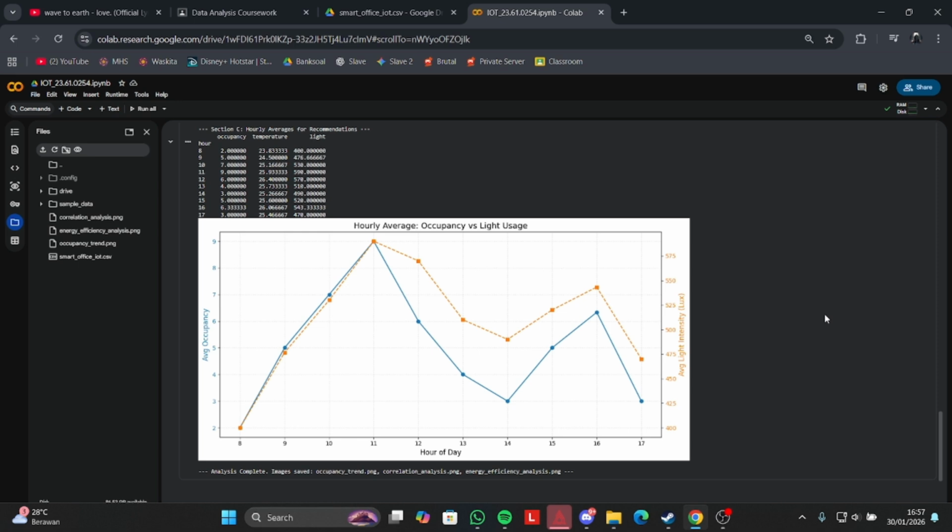The second is that the lighting system appears to be operating suboptimally. The data shows high light intensity, over 400 lux, even at 8 a.m. and 5 p.m. when only two or three people are present.